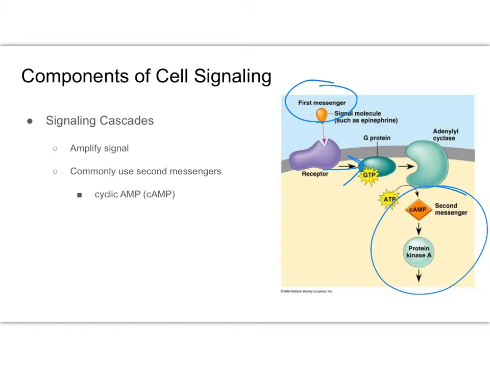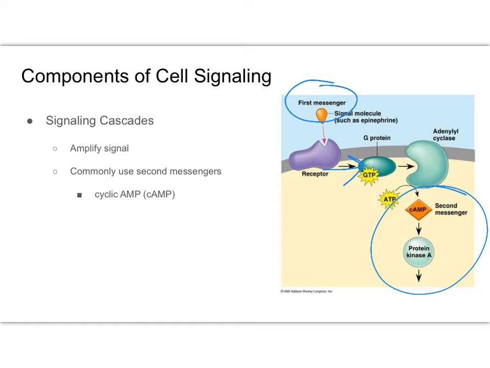So when we trigger that signal, those are called signaling cascades. And the purpose of the signaling cascade is to amplify the signal, to make the signal increase in strength enough so that the cell will have an appropriate response to it. Okay? And so those cascades are helping pass the signal from the receptor to the specific target areas of the cell.